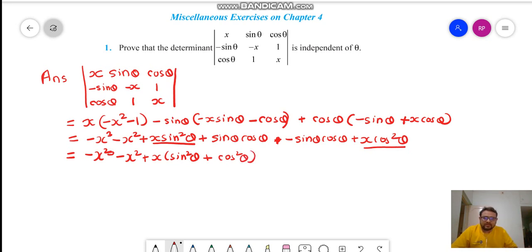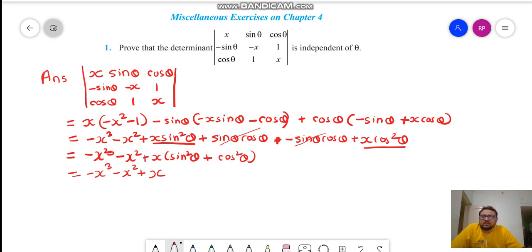Now plus sine theta cos theta minus sine theta cos theta will get cancelled, right? So this will be equal to minus x cube minus x square plus x, since sine square theta plus cos square theta is 1.